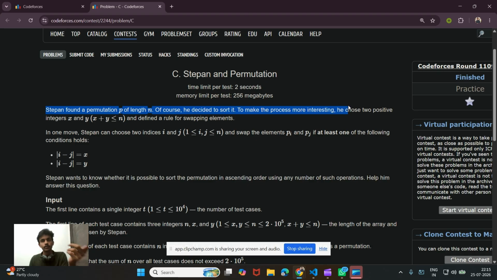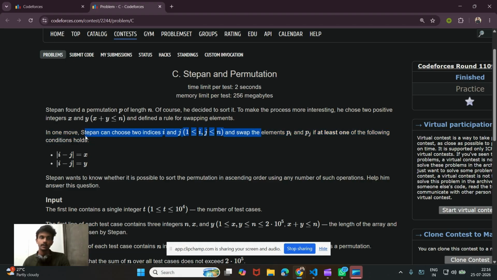To make the process more interesting, he chose two positive integers x and y such that x plus y is less than or equal to n, and defined a rule for swapping the elements. In one move, Stepan can choose two indices i and j, where i and j belong between 1 and n inclusive, and then he swaps p_i and p_j if at least one of the following conditions holds true.